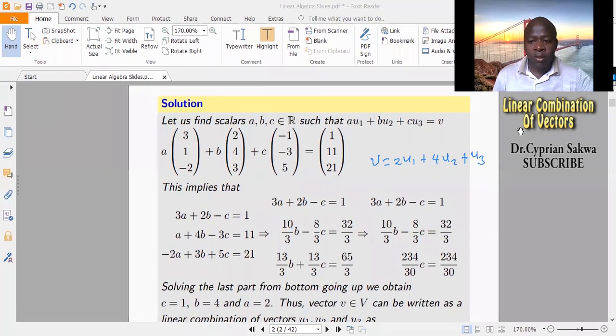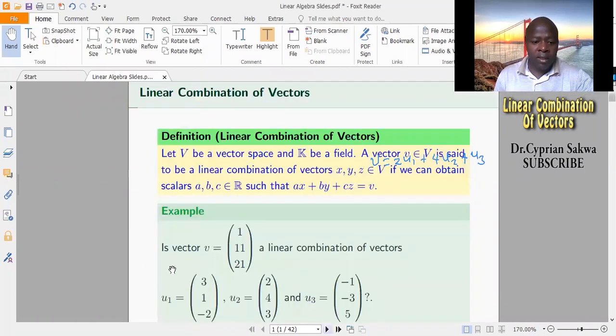But what was our question? Let's go back and see what our question was. Our question was, is this vector a linear combination of U1, U2, and U3? And we already said that if the scalars A, B, C exist, then V is a linear combination.